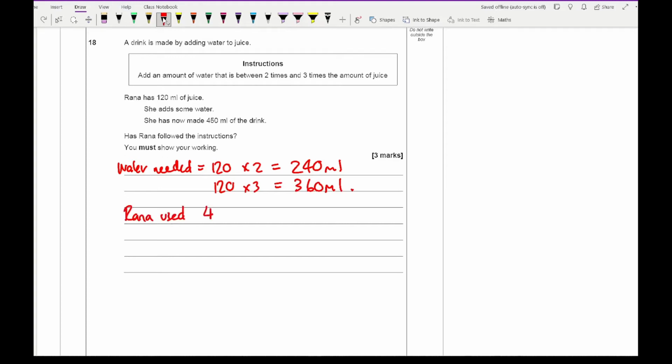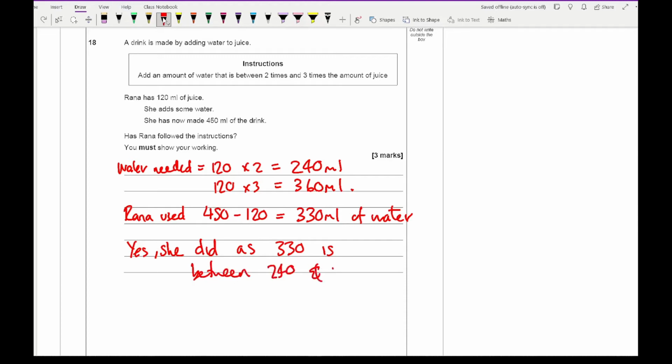Rana used 450 minus 120, which is 330 milliliters of water. So is 330 between 240 and 360? Yes, she did, as 330 is between 240 and 360.